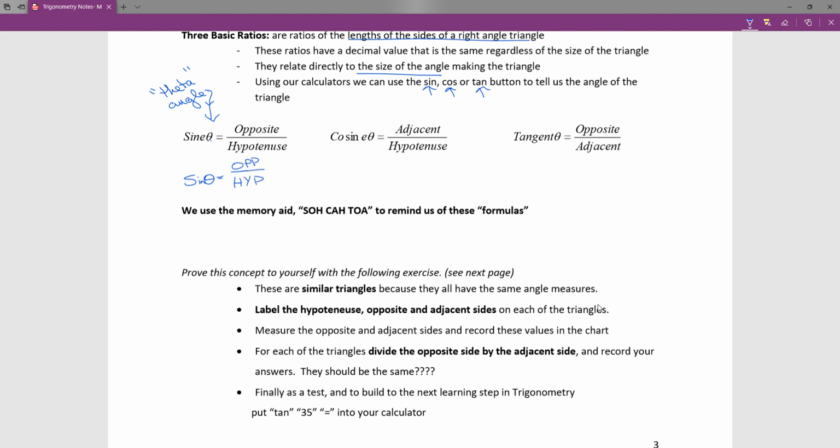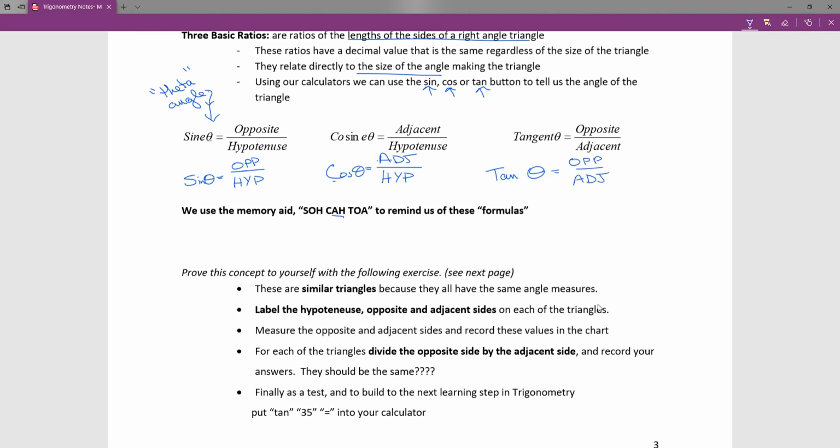The cosine would be the, "ka," I can't say that without sounding silly. So it's the cosine of an angle is equal to the adjacent over the hypotenuse. That's the "ka" bit of "ka toa." "Toa" means that the tangent of an angle is equal to the opposite over the adjacent.